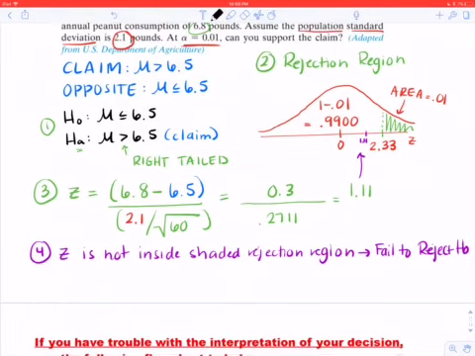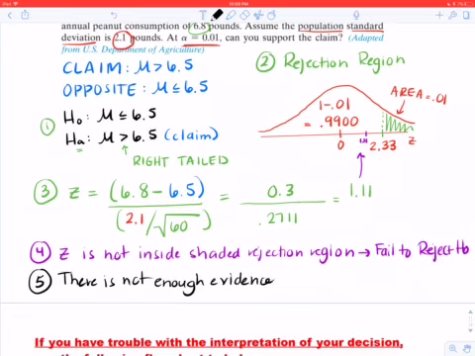Now, when you fail to reject the null hypothesis, like I said, it kind of means the test fails. It means the test is inconclusive. So you know how before I've been stating there is enough evidence, but when the test fails, there is not enough evidence. And then to finish this out, you do the same thing that you did in the previous test.